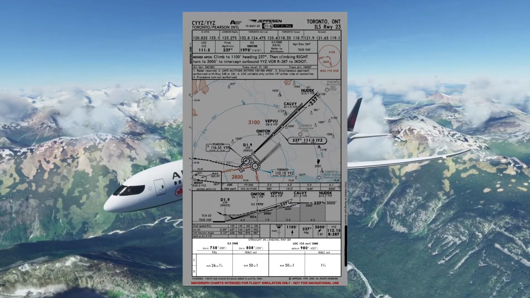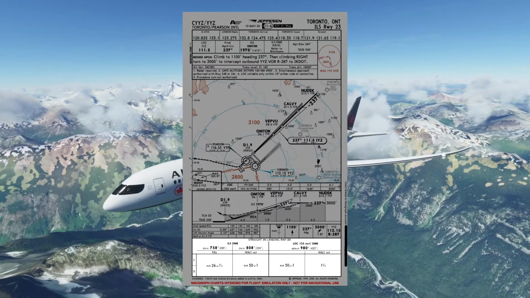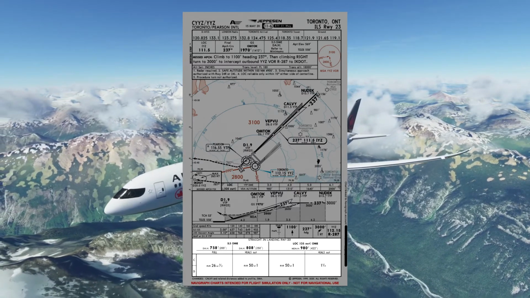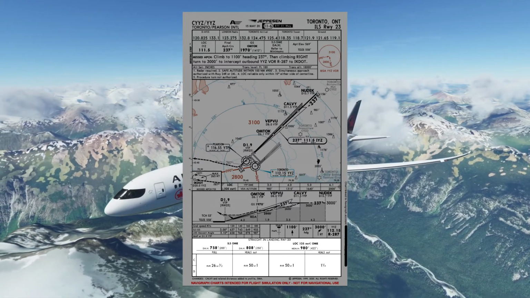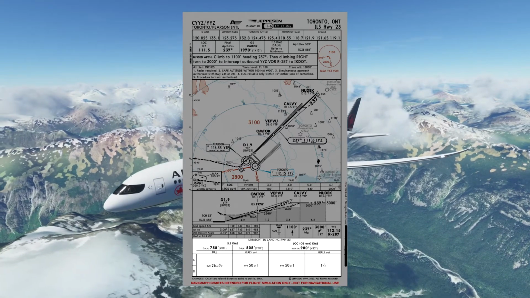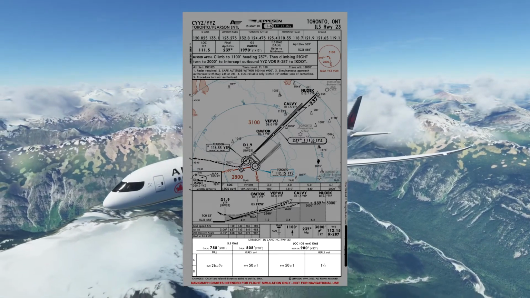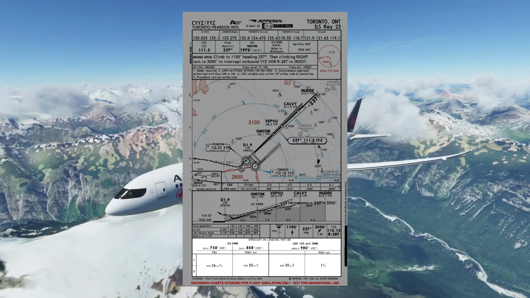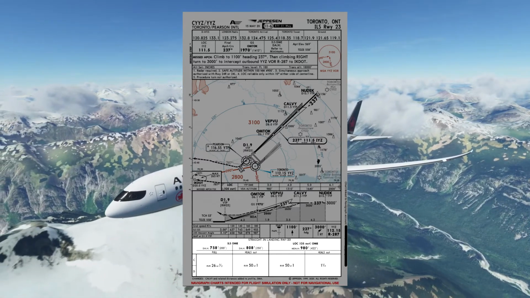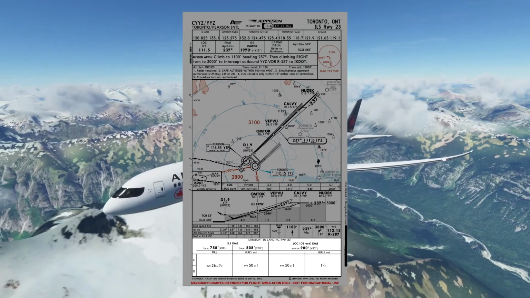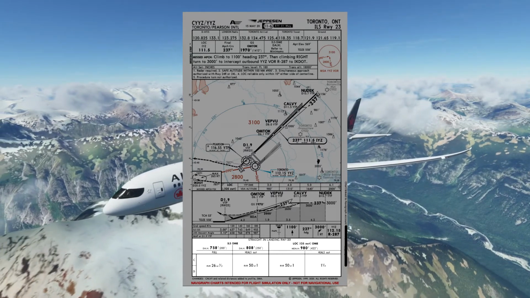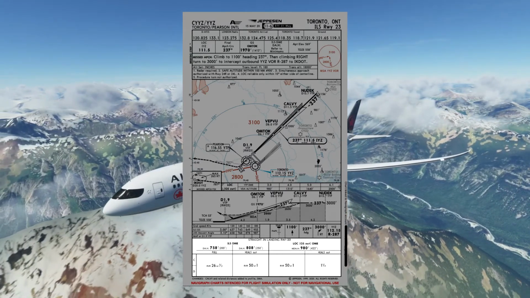Let's go left side first. On the left side, it's showing you ILS DME. So if you were coming in on the ILS with your DME, it's telling you how far out you are and everything's working great. Your decision height would be 758 feet.